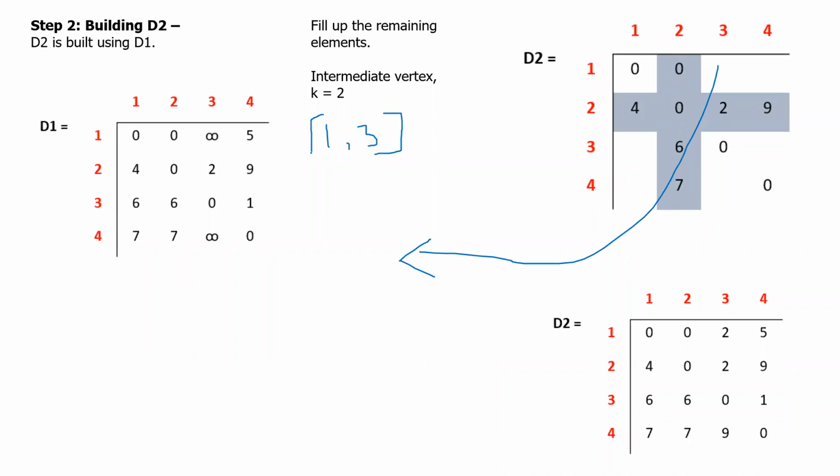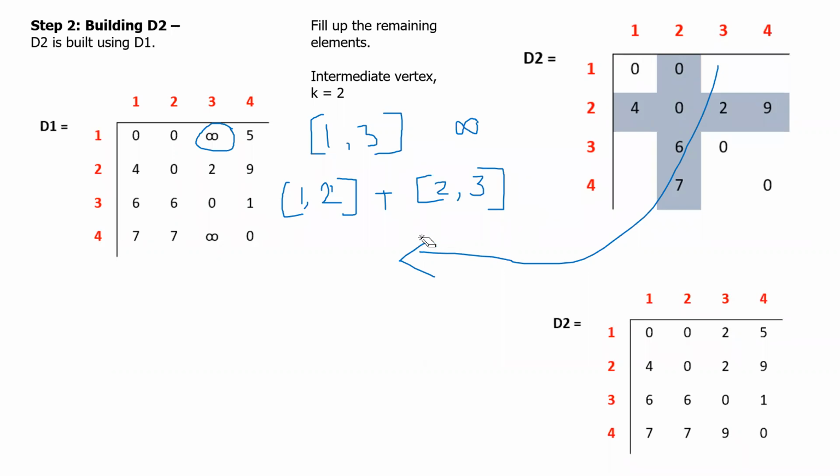Now, what is the current distance between node 1 and node 3? It is infinity. Now, try to find out distances from 1 to 2 plus 2 to 3. So you have to find the distance between 1 and 3 via intermediate vertex 2.